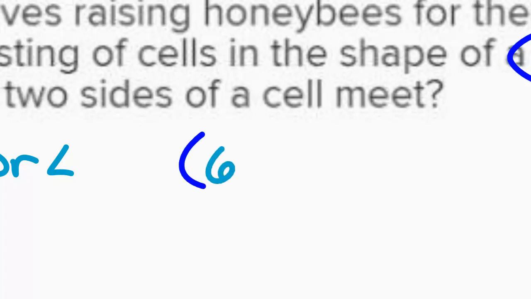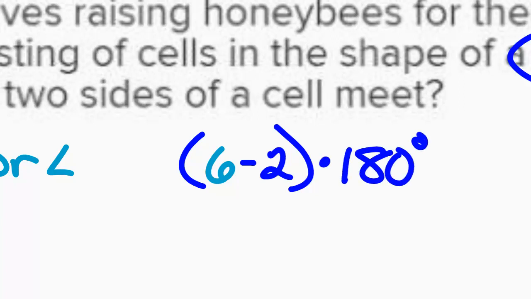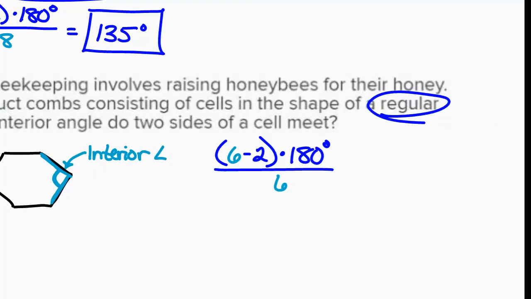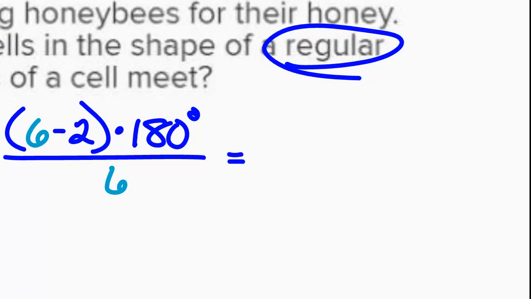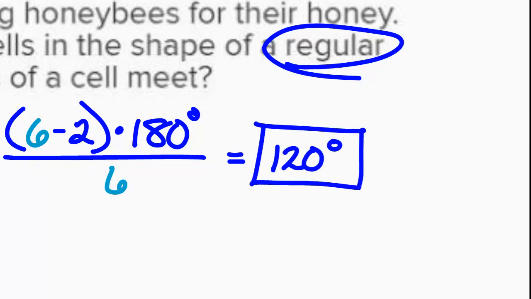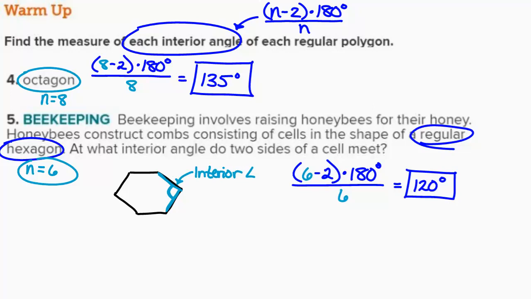So we're going to do 6 minus 2 times 180 degrees divided by 6. What do we get when we finish doing that subtraction, then multiplication, then division? 120 degrees, absolutely correct. Very, very nice work.